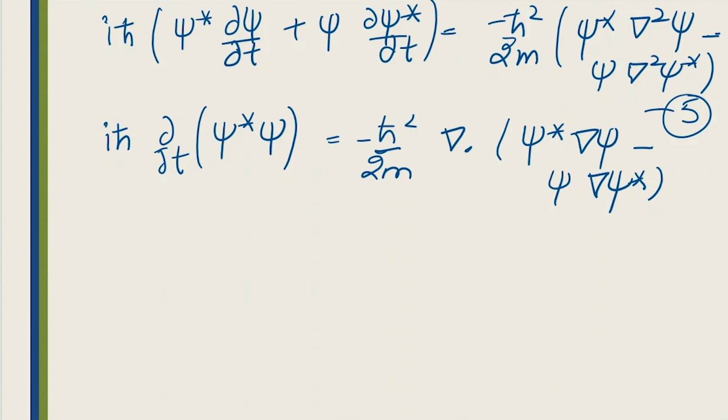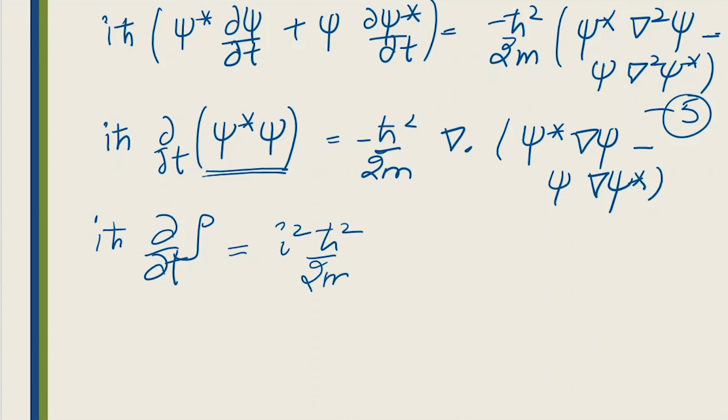Simplifying, we write psi star into psi as rho, the probability density, and this can be written as iota h cross, with the minus 1 written as iota square, h cross by 2m, and then del dot psi star del psi minus psi del psi star.